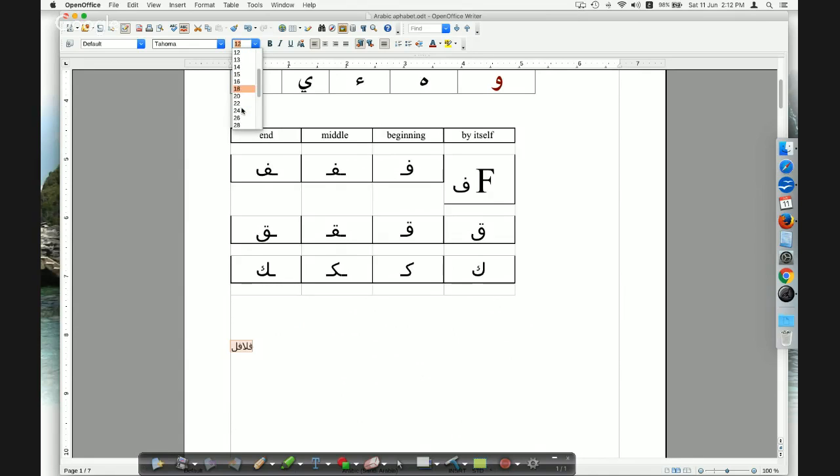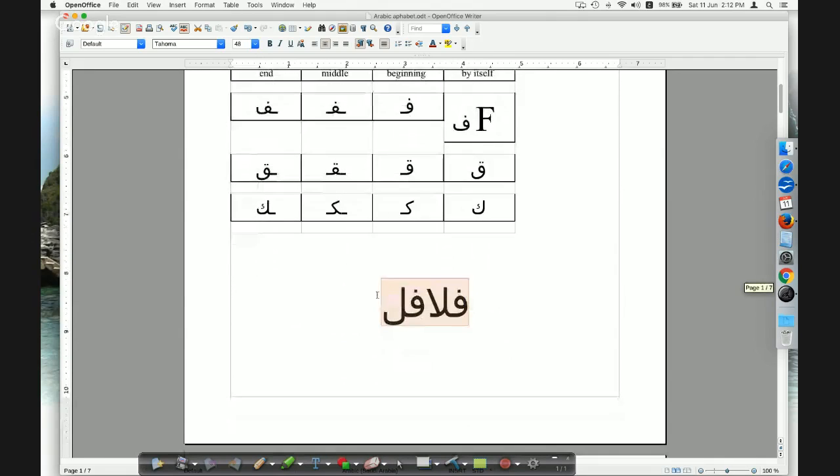So you hear first fa, this is fatha, there is no alif, and then L, fala, and then there's alif. Let us put it in the middle. I hope that the text is clear. Should I make it bigger, or is it still clear? Let us make it bigger. All right. So falafel, fa in the beginning, la, and you see how we made the alif and the L, the letter A.